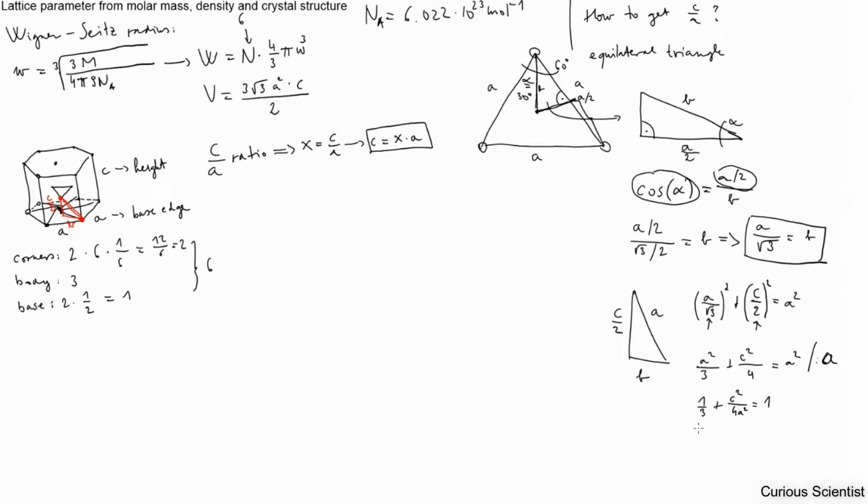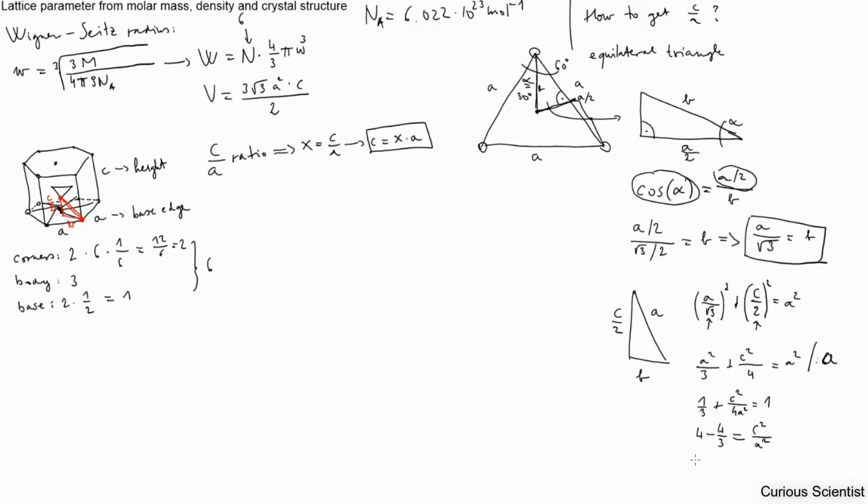we get the following. So 1 minus 1 third is equal to C squared divided by 4A squared, and then we just use the common denominator, which is 3.